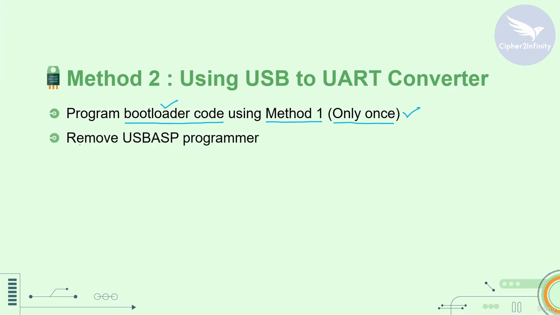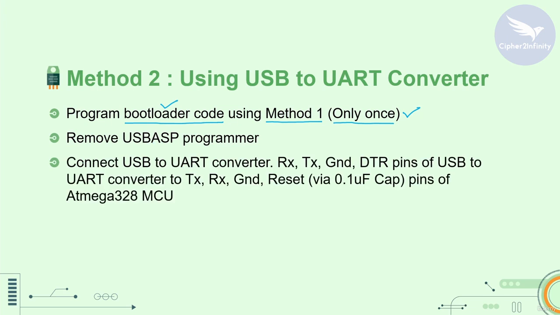Then the second step is remove the USB ASP programmer. Once the bootloader is programmed, you have to remove all the connections between the microcontroller and the USB ASP programmer. Then the next step is connect the RX, TX, ground, DTR pins of the USB to UART converter to the TX, RX, ground, reset via 0.1 microfarad capacitor pins of the Atmega328 microcontroller.